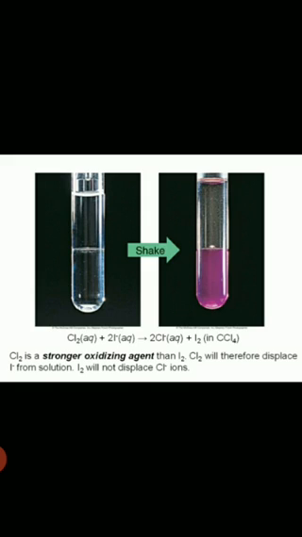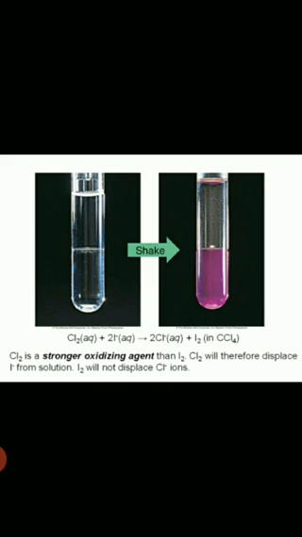Now students, here it is pictorially represented as we have got Cl2 aqueous and 2I negative aqueous. So Cl2 has the lower atomic number, so it will act as a stronger oxidizing agent, and it will oxidize the iodide ion, which has a higher atomic number than chlorine, to I2.